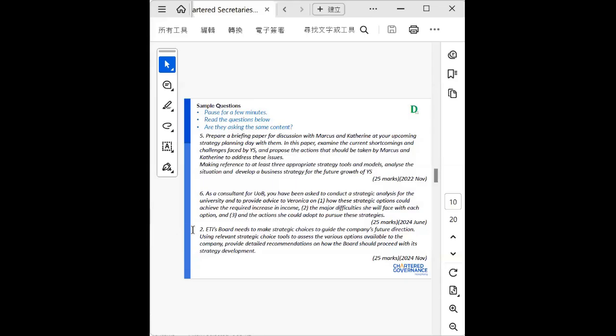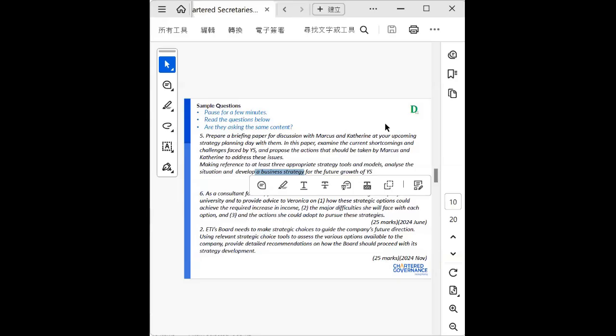And then this question asks you about the strategic choices. When you see the words choices, options, etc., that gives you a hint that this is a section D question. Decision, develop different strategy, that sort of thing.